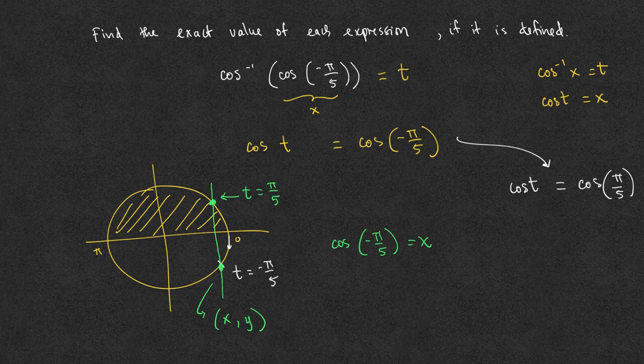If the inverse exists, it has to be one to one. For the two values to be the same, what must be true is that t has to be pi over 5. We conclude that cosine inverse of cosine of negative pi over 5 equals pi over 5.